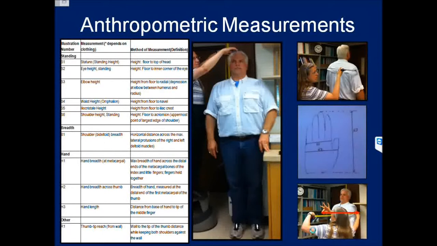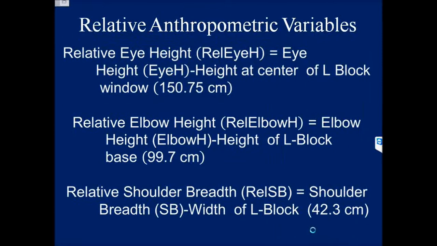And so I ended up realizing that just using the absolute values of eye height, elbow height and shoulder breadth really wasn't what I needed. What I needed was to look at a relative shoulder breadth, relative eye height, relative elbow height. So I took the eye height and subtracted the height at the center of the L block to get a range of optimal eye height with what's there right now.